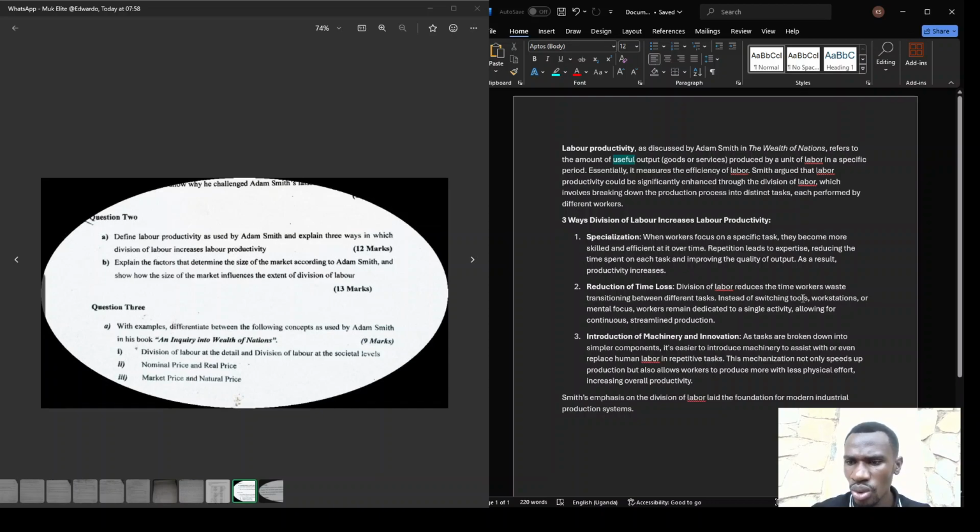Instead of switching tools, workstation, mental focus, this one is very important. That's why when you come in class, you take some time to concentrate, to start picking, because you have been doing a certain activity, then you come, now you have to refocus again, mental focus. Workers remain dedicated to a single task, allowing continuous streamlined production. That is reduction of time loss.